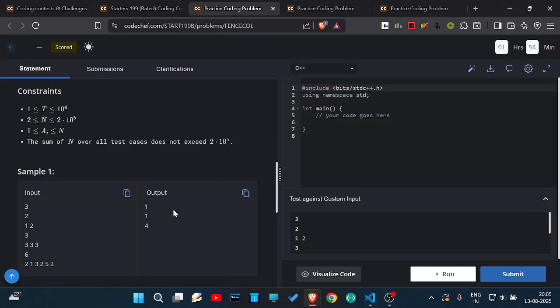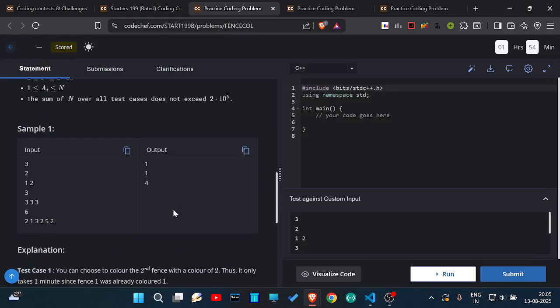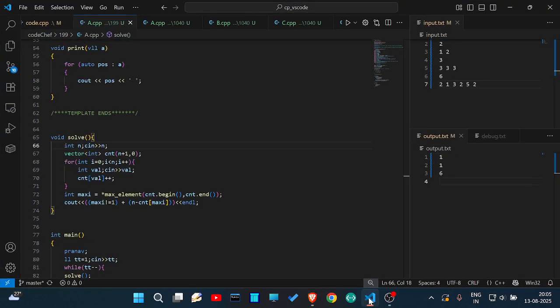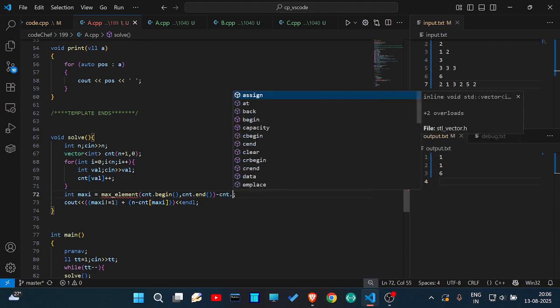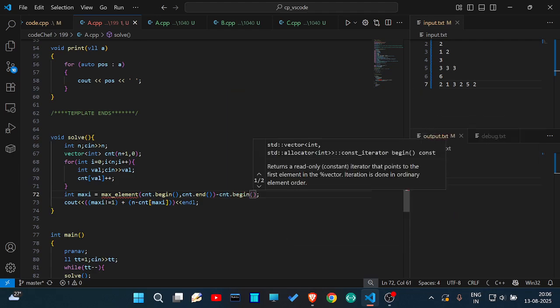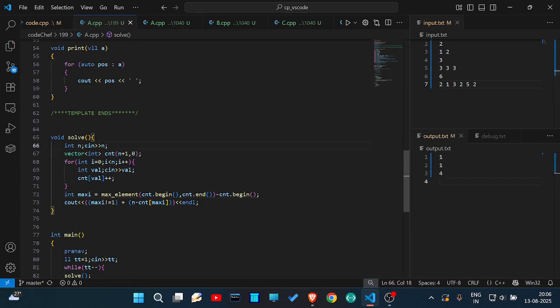This one is CNT dot big. Okay, so we got a solution, right.